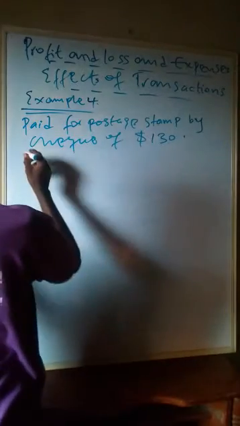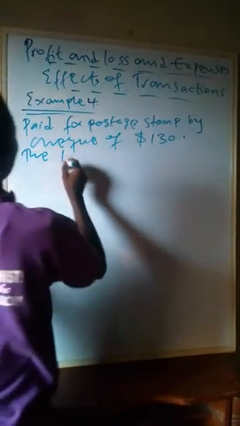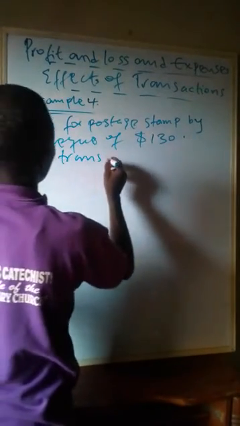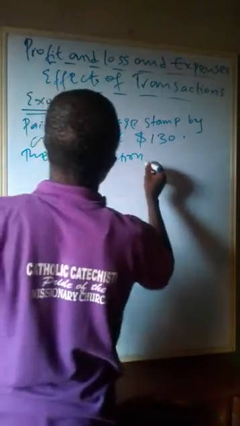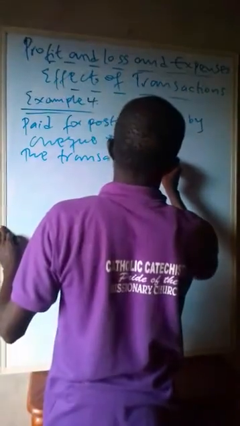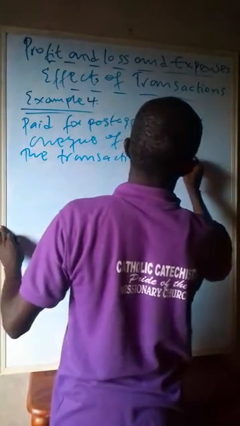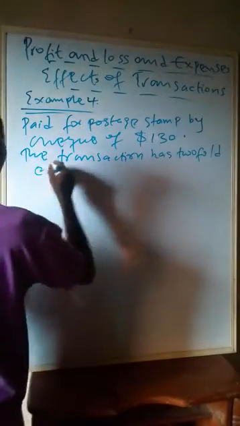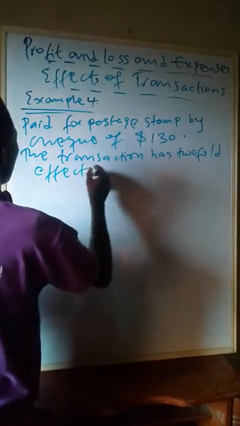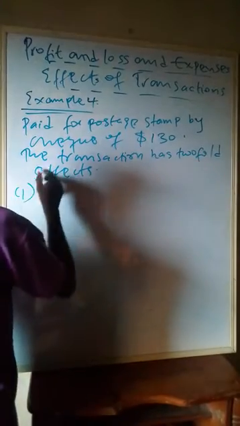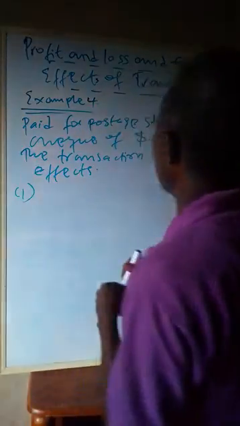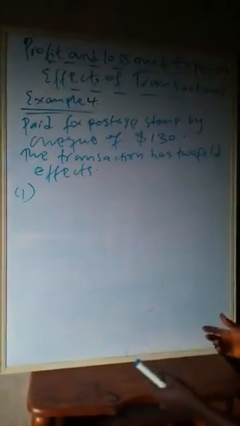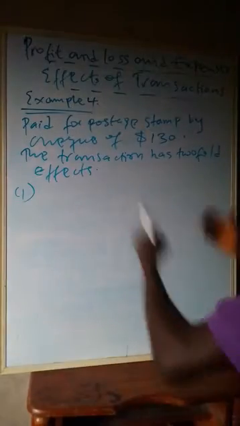This is a transaction. The transaction here also has twofold effects. What is one? Postage stamp, that's an expense paid by check.